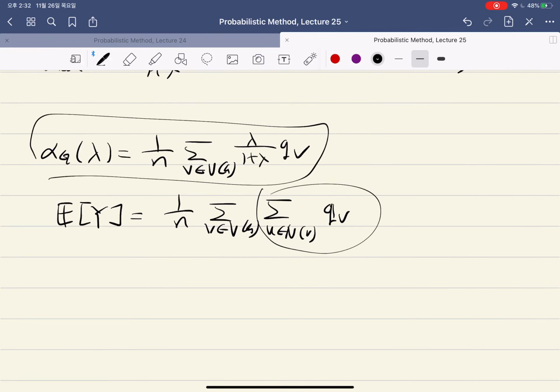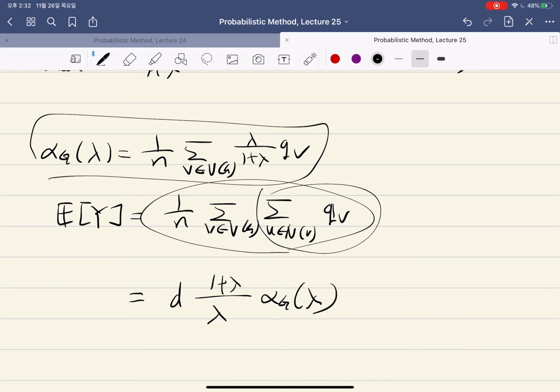And because of this, we can rewrite this in the following way: D times (1 plus lambda) over lambda, alpha G, lambda. Because, so what? So you have this, right? For each B, you add its neighbors, and you add qU. Then for fixed U, how many times is qU added? Because G has maximum degree at most D, qU is added at most D times in here.